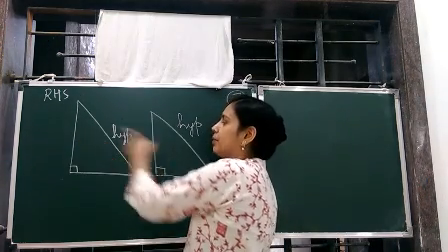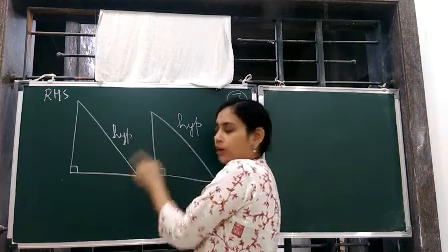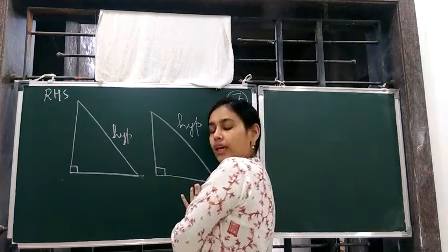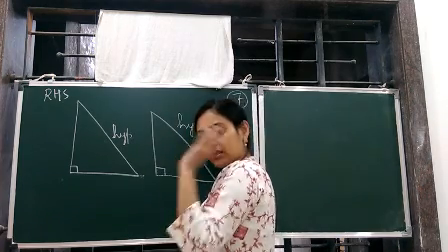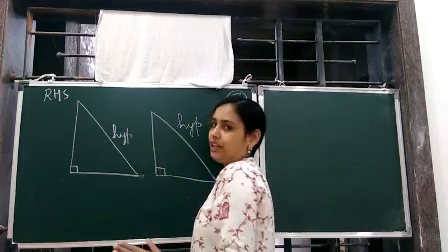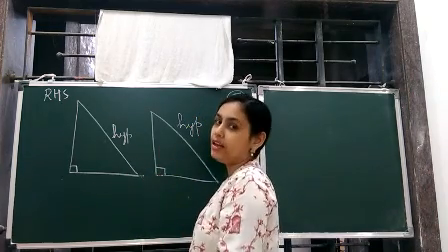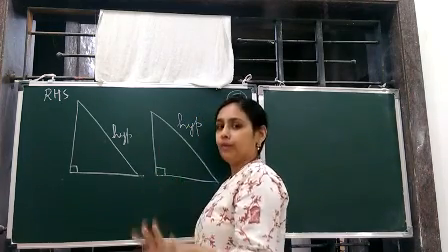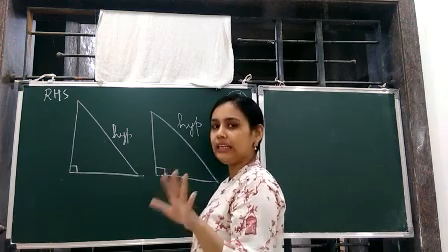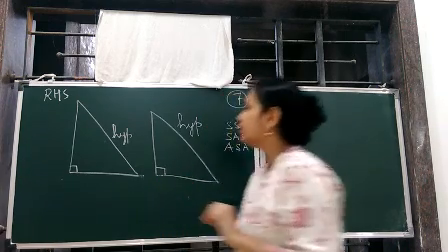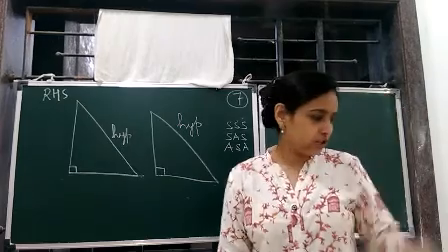Corresponding side means either the perpendicular has to be equal or the base has to be equal, and the hypotenuse is a must. The hypotenuse has to be equal, otherwise the triangle is not congruent.